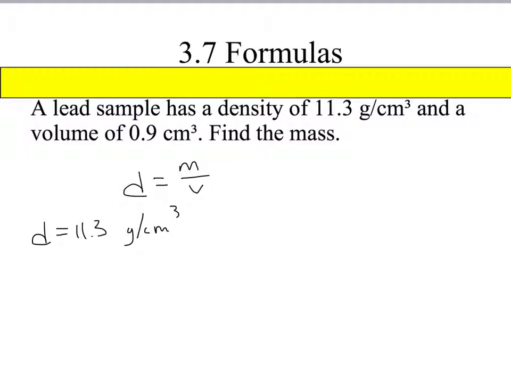Okay, what is my V? It is equal to 0.9 centimeters cubed. What is my M? I have no idea, so I'm just going to use the variable of M. Plugging these things into the equation, I'm going to solve for M. So 11.3 goes in for D. 0.9 goes in for V.